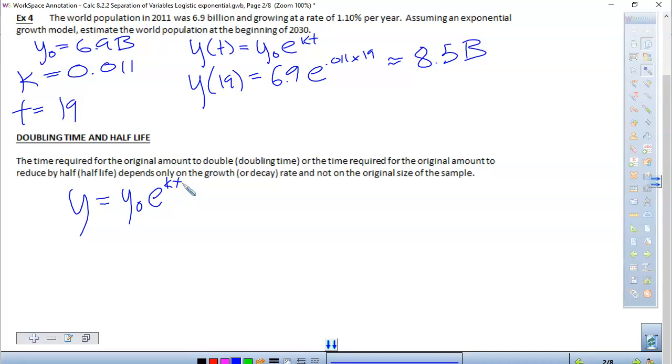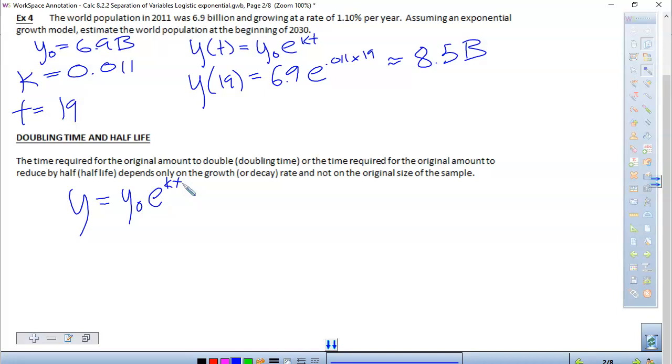These are all measures of time. They depend only on the growth or decay rate, not on the original sample size. If I have 100 grams of plutonium, it'll take the same amount of time to decay to 50 grams as if I had 1 gram of plutonium decaying to a half. Same amount of time.